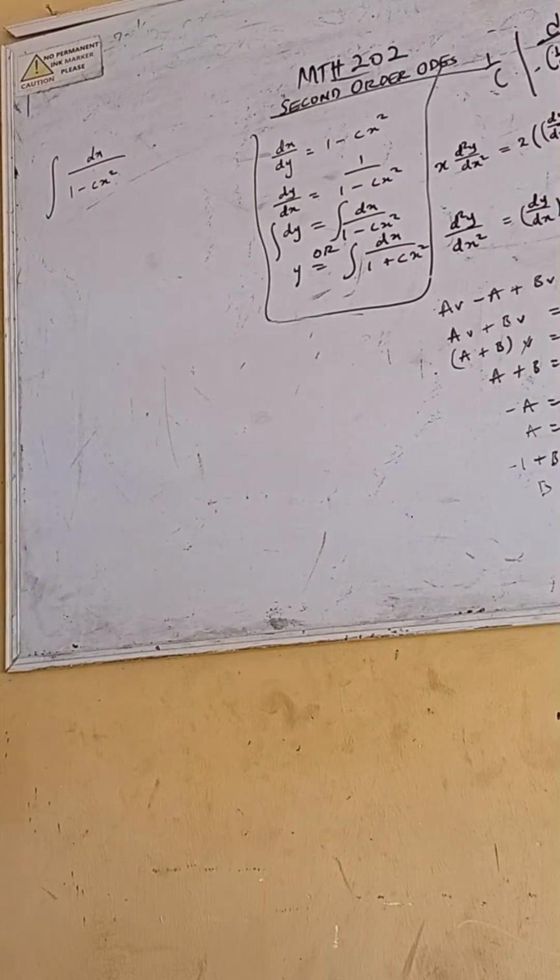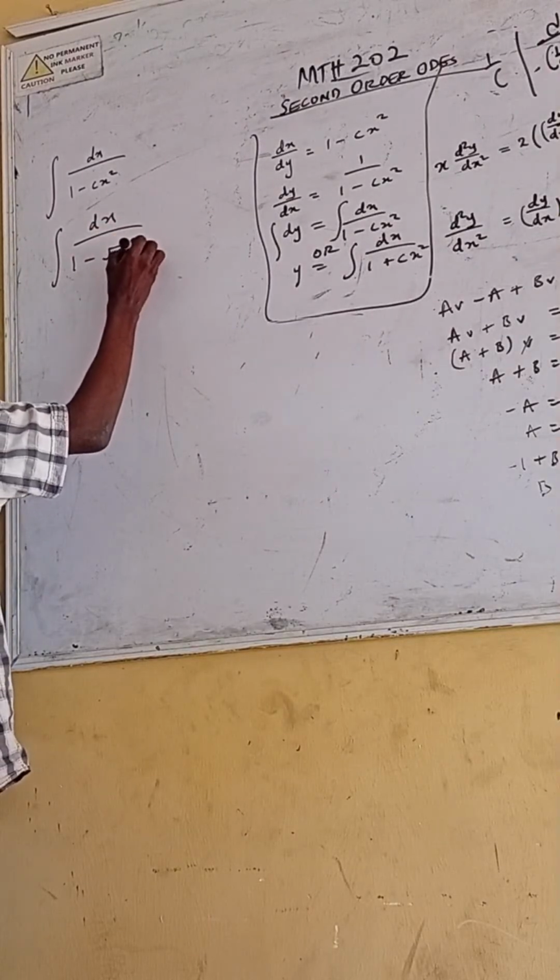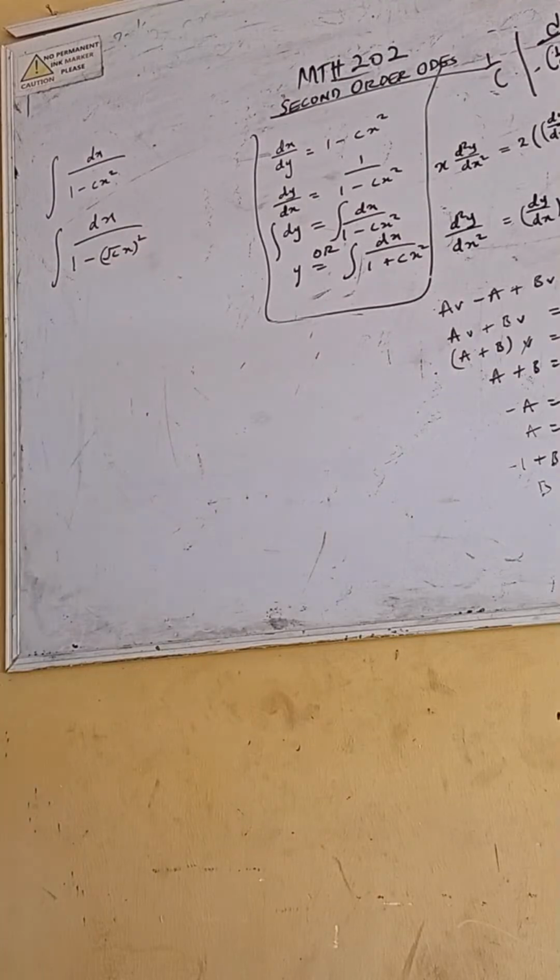So what do we do? Make it a perfect square again. The integral of dx over 1 minus root c x squared. Do you understand why I'm doing it like this? To make this a perfect square.